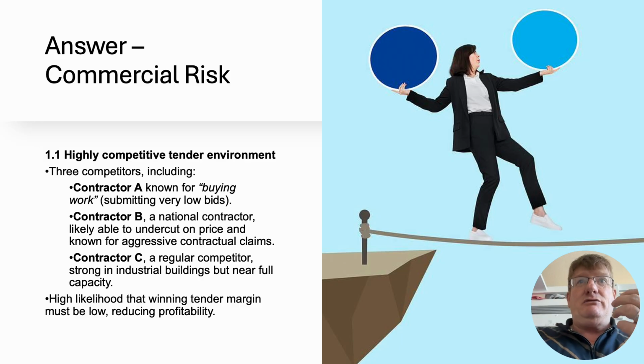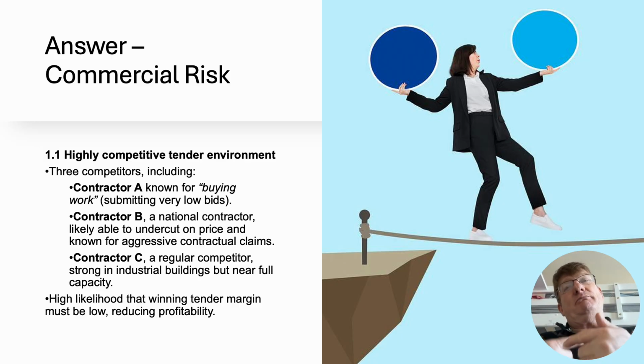Okay? And you have a much, much more integrated supply chain. So although the supply chain is going to be quite vertical, as it would be for the regional contractors, you are going to use a lot of the same subcontractors and material and plant suppliers.